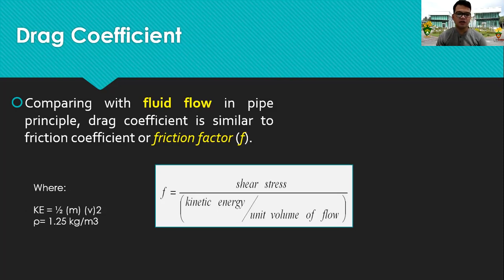And then we already know the standard constant for air: the density of air is 1.25 kilograms per cubic meter. That's the standard.